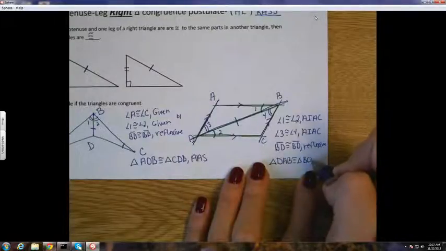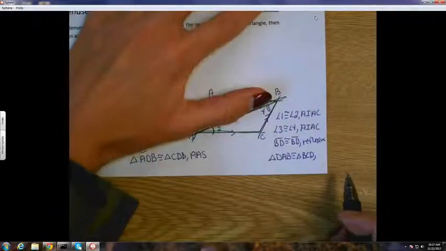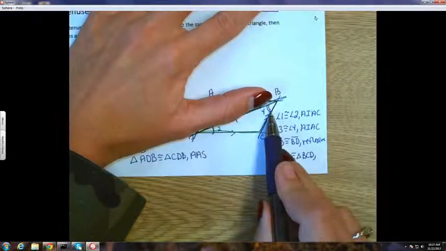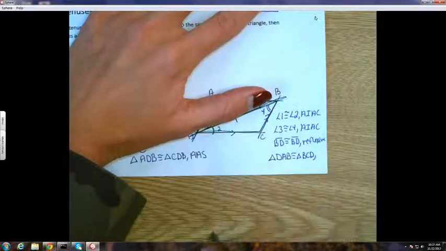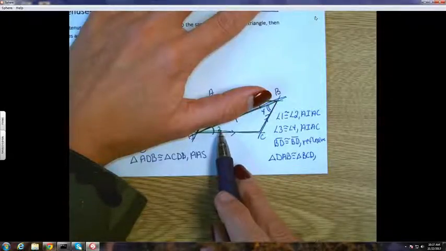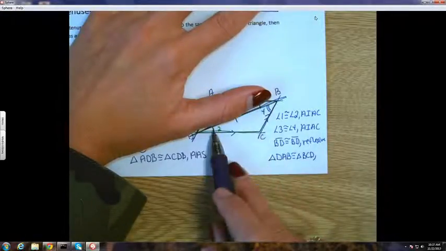Now, what 3 parts did we get? Cover up one of the triangles if it helps. Look in one triangle, I've got an arc mark, a double arc mark, and I've got the tick mark. Okay, is it angle side angle or is it angle angle side? Angle side, because the side is right in between the 2 angles. So it's ASA.